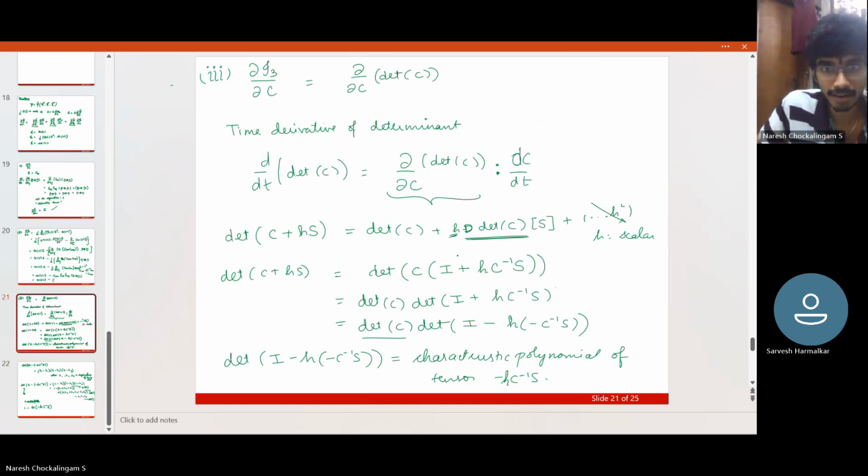So what we started off was C plus HS. We saw it as determinant of C multiplied with something else.